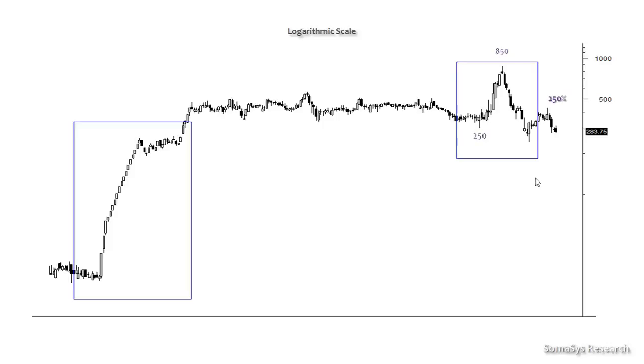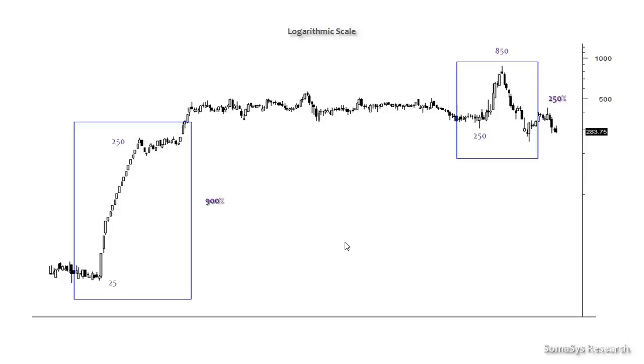Now see, this movement started around 250, and the high is somewhere around 850, so that's 250 odd percentage. Now this rally over here started around 25 and terminated around 250, and that's 900%. Now see how perspective changes with the use of linear and log charts.